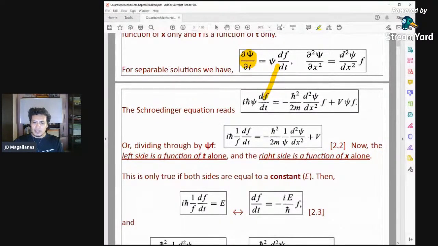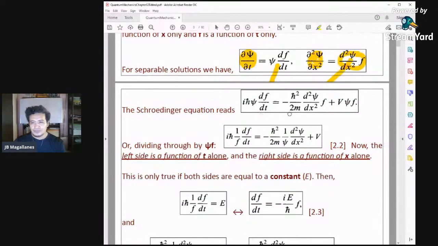Here it becomes this, and this expression in the Schrodinger equation will be replaced with this one here. We replace that in this term. So the Schrodinger equation now reads this one. And you can see that we only have phi f.